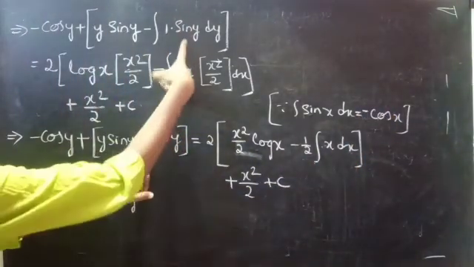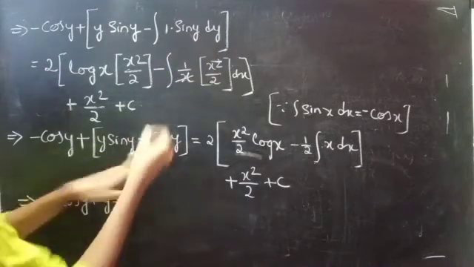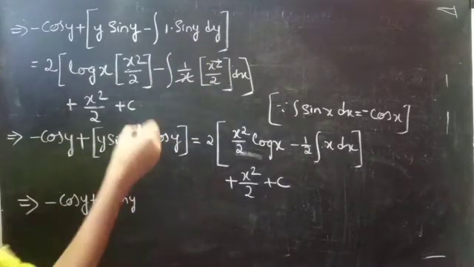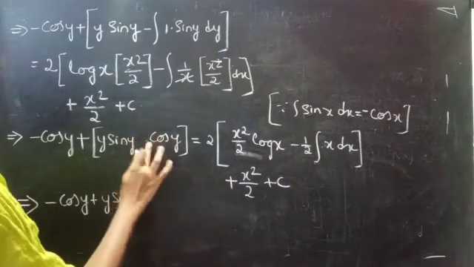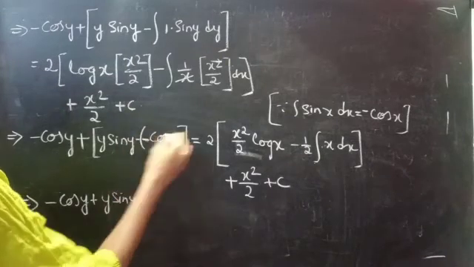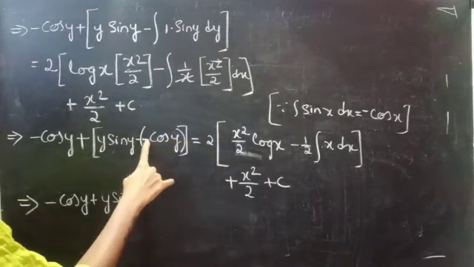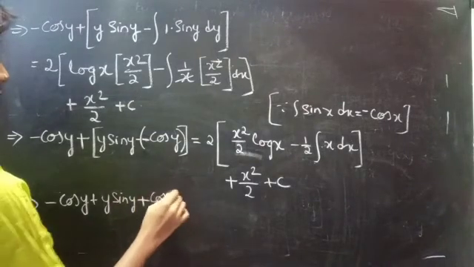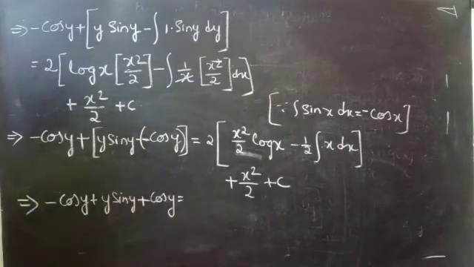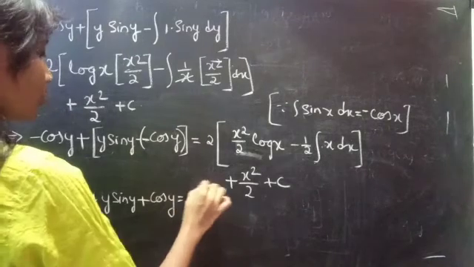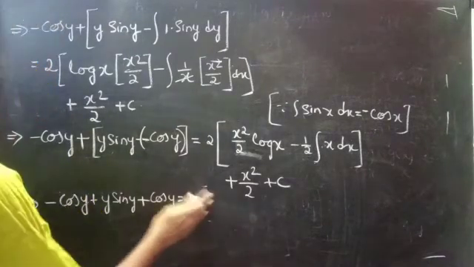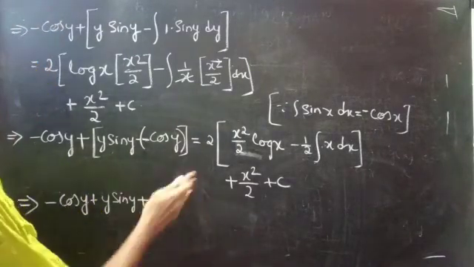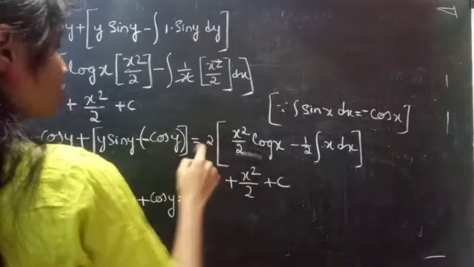So you'll get integral sin y dy as minus of minus cos y, minus into minus is plus cos y, equals to 2 into... now we can directly multiply the whole term with 2.